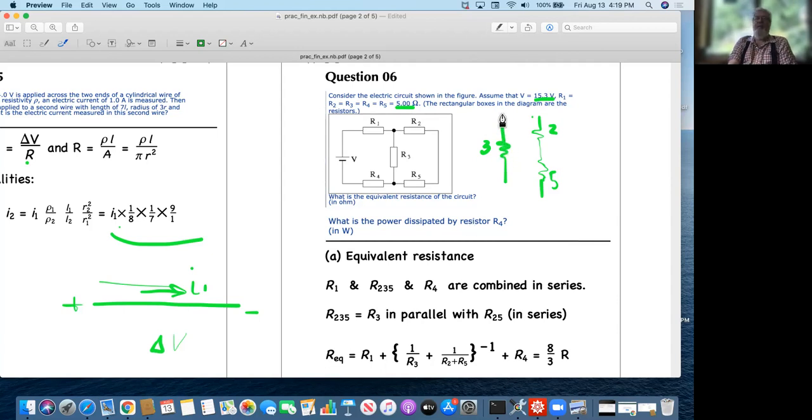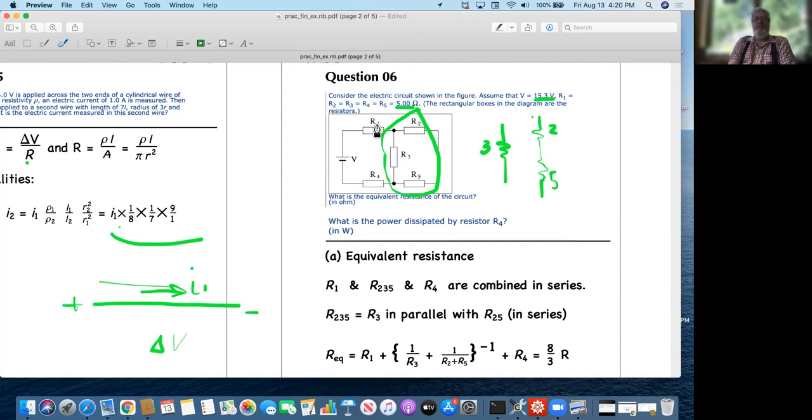And then it's the reciprocal of that. Now you have one equivalent resistor. R1, R235, R4. You see, R1 and this combination of three resistors, which I could think of as one equivalent resistance, R235, that's in parallel, in series with both R1 and R4.